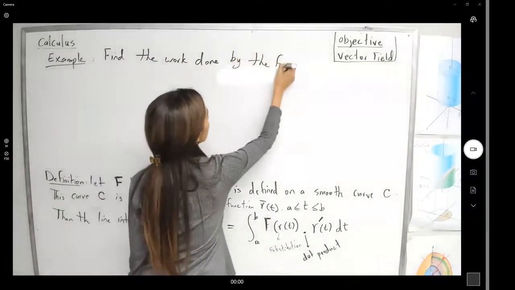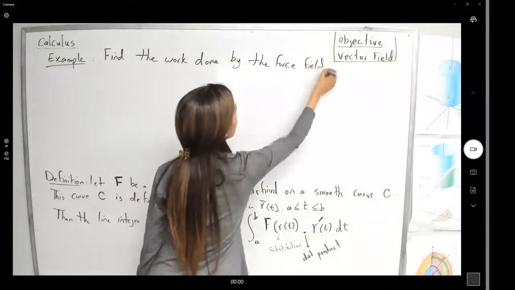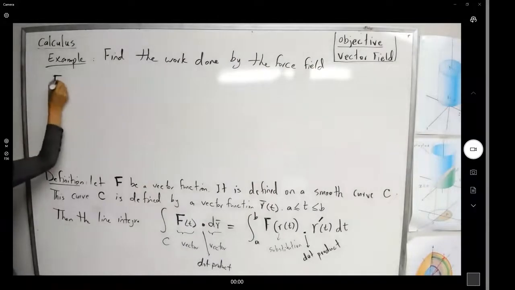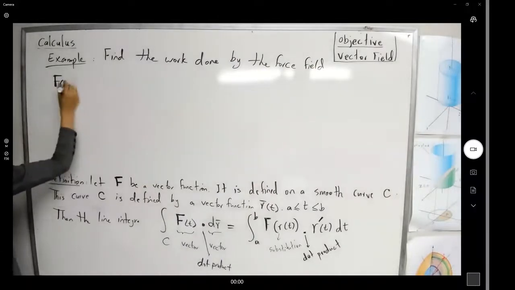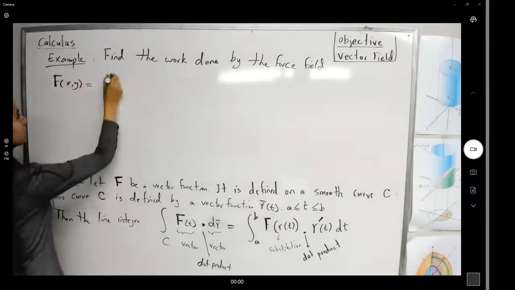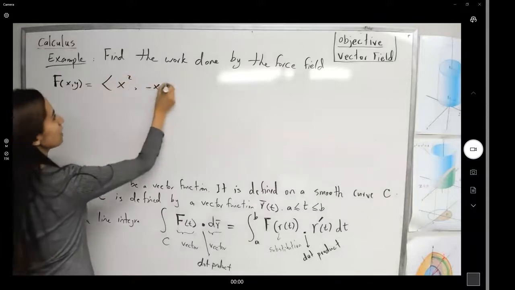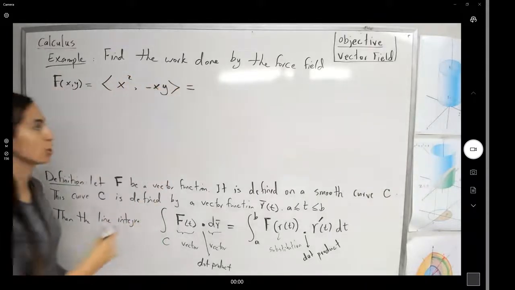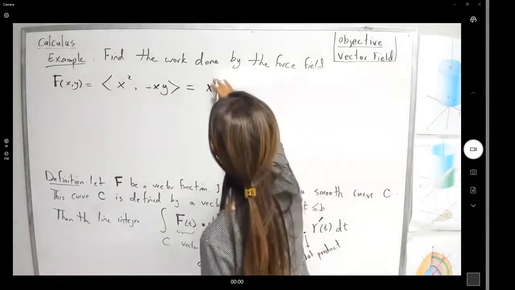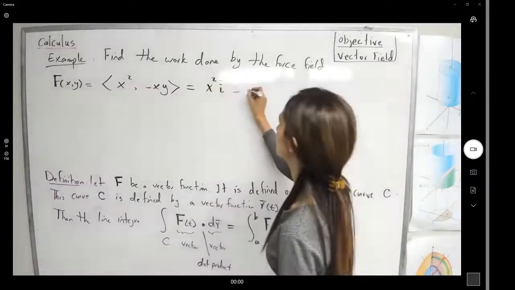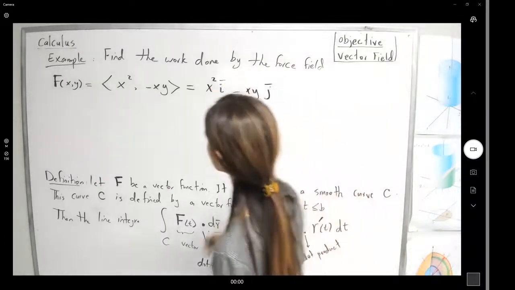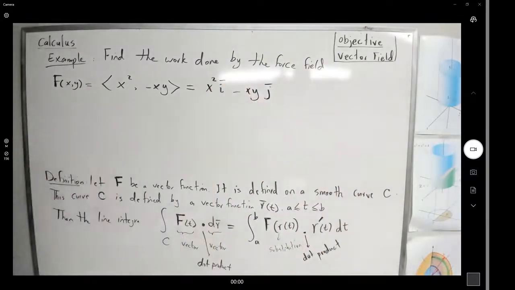Well, another example of a vector field, a force field, which is defined to us as F of x and y equals, the very first component is x squared, and the second component is negative xy, or another representation is just a vector, so x squared in the direction of the x-axis and the second function in the direction of the y-axis. So this is your force field.